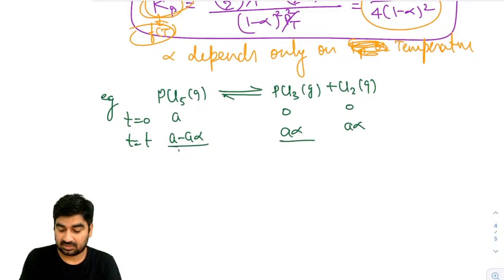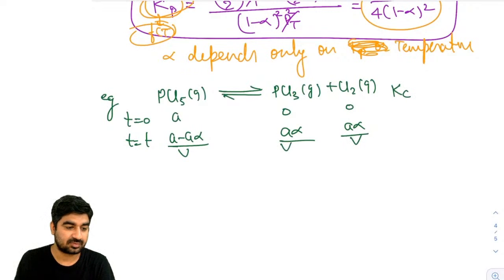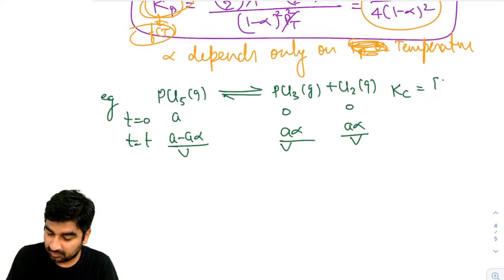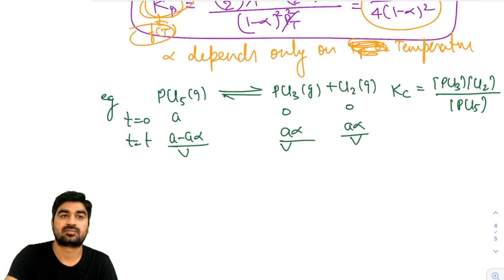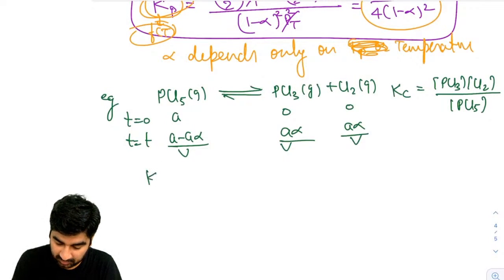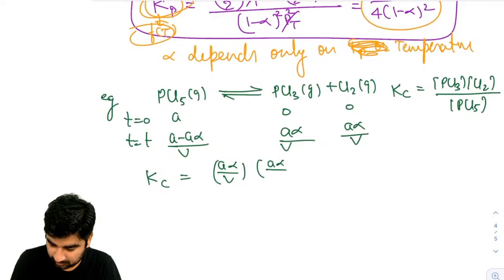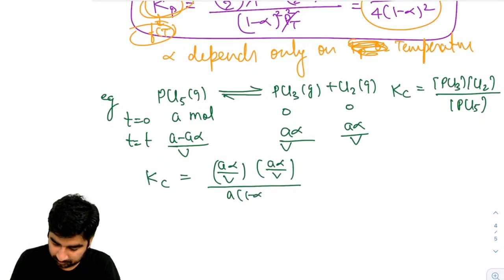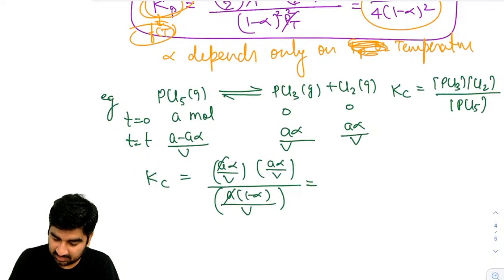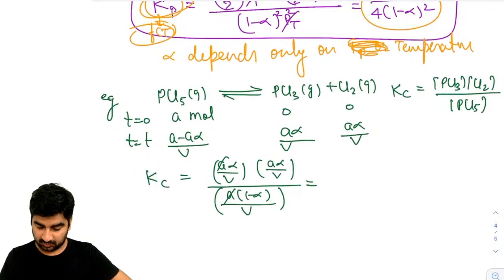So just divide by V, because when you write Kc, Kc will be the concentration of PCl3 and Cl2 over the concentration of PCl5. Because these are moles, a will get cancelled out, but still some a will be left. So what will you get here?